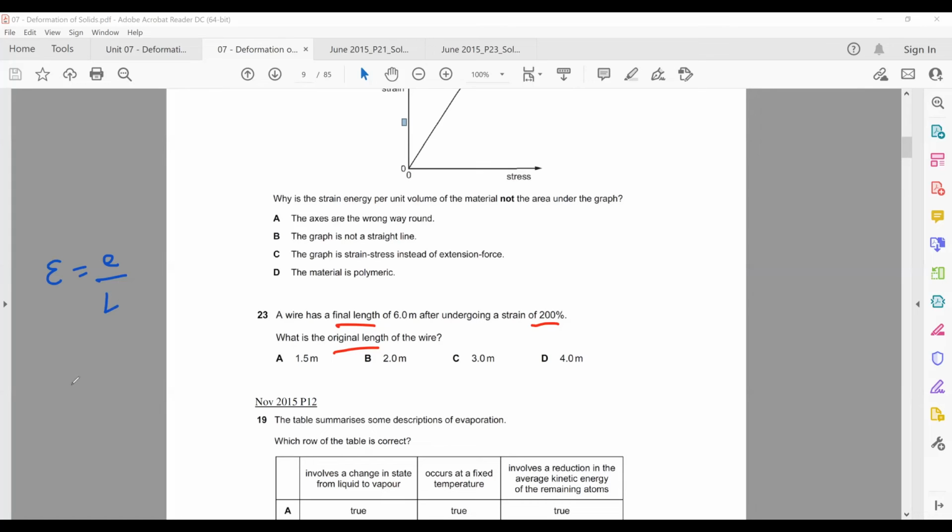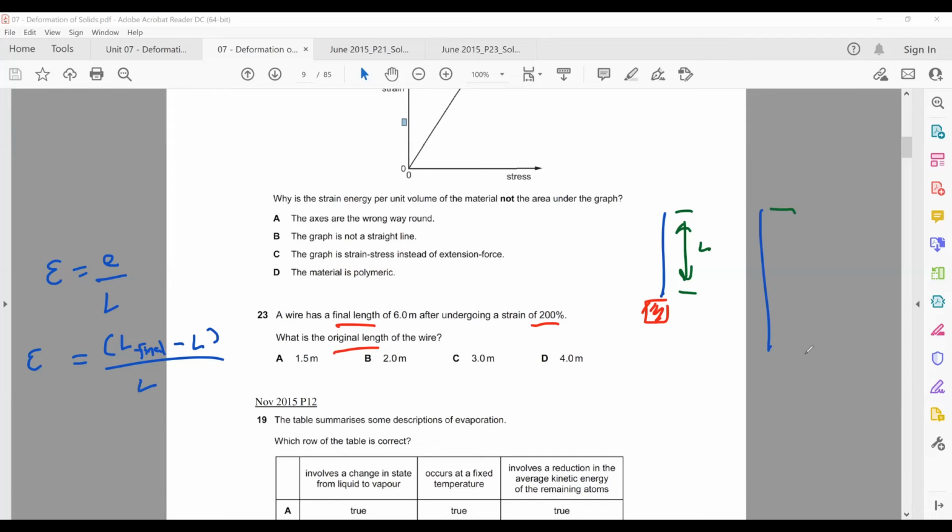Now, I can also say this, isn't it? Extension is the final length minus the original length, divided by length, right? Let's just say that this one was my wire, original length L. Once I put a load onto it, the wire will extend like this.